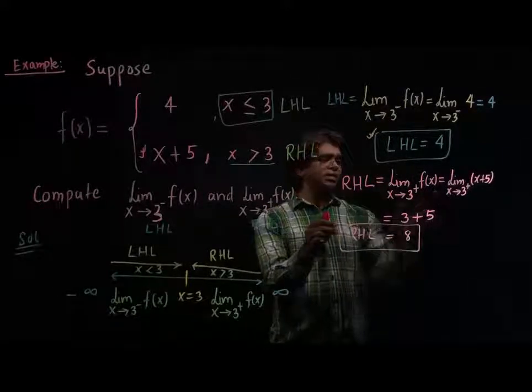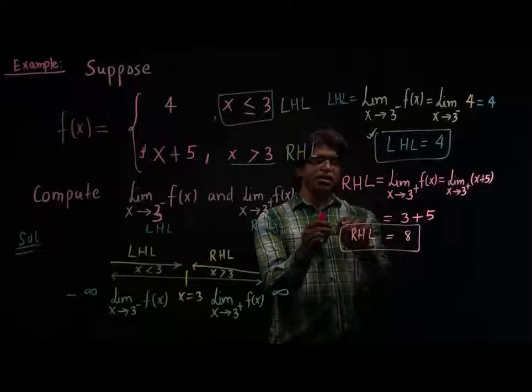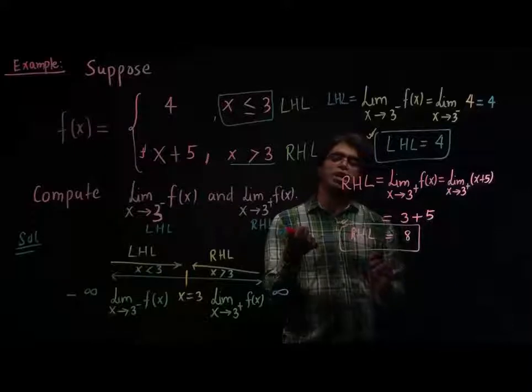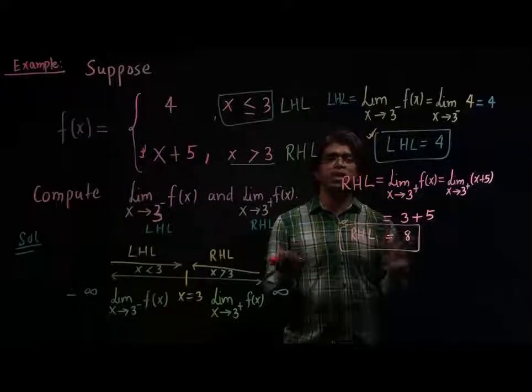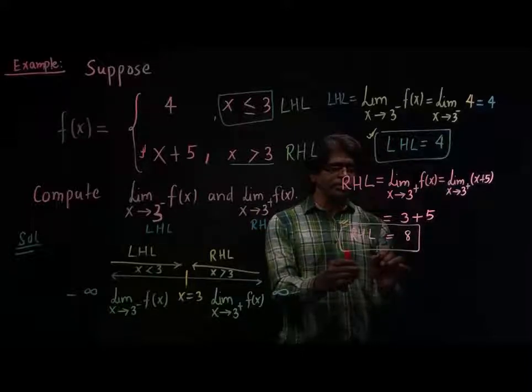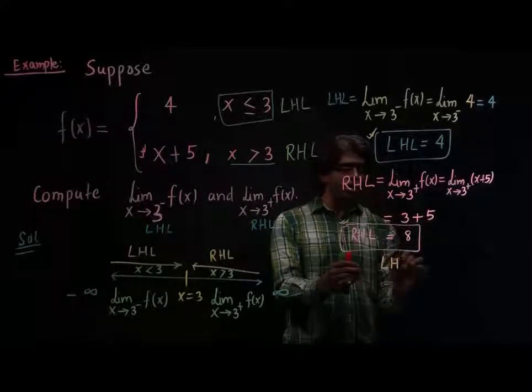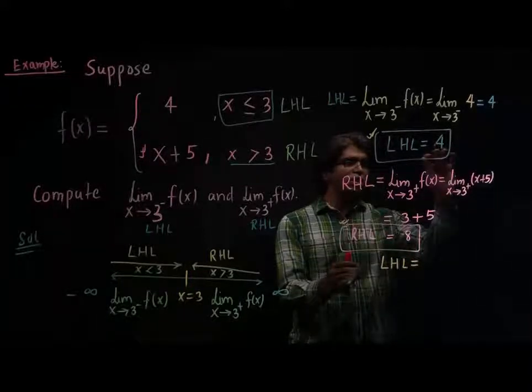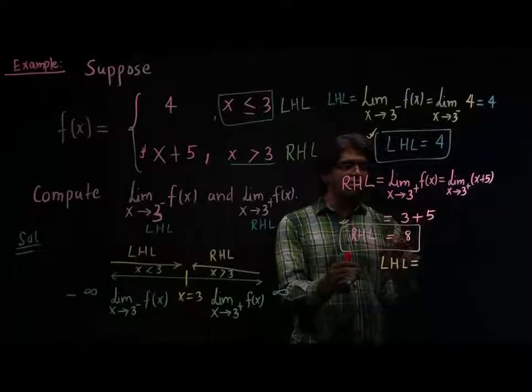So my left hand limit for the function is 4, and my right hand limit for the function is 8. In order for the limit to exist, left hand limit should be equal to right hand limit. Look at this: left hand limit is equal to 4 and the right hand limit is equal to 8.